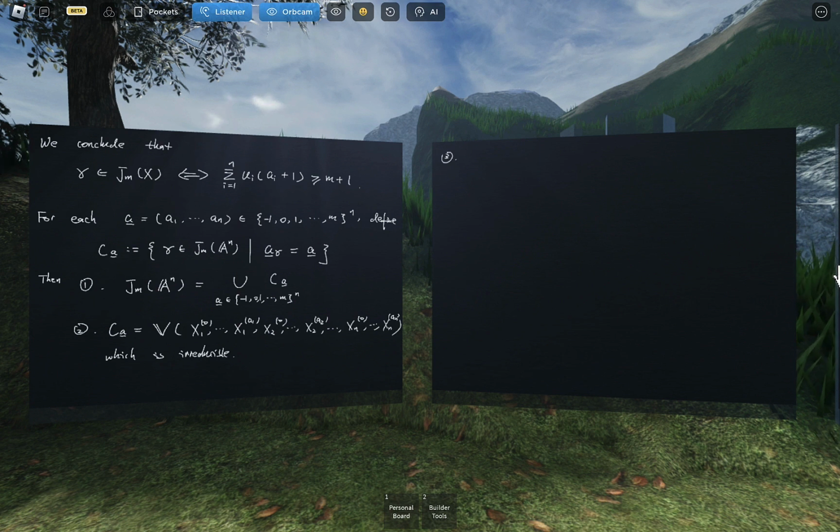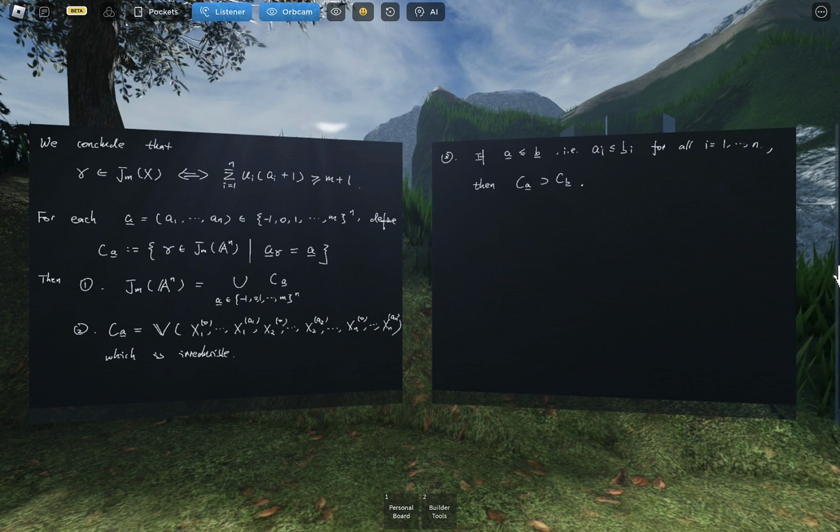The third thing we want to mention is that if we have two tuples and A is less than B, this means ai is less than or equal to bi for all i. Then C_B is a subset of C_A.